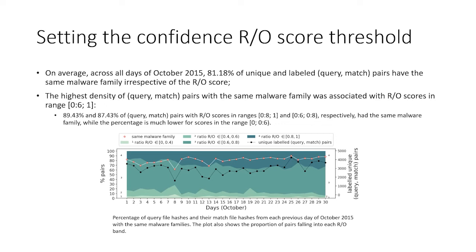So what we found was that over 87% of query match pairs with RO scores in the range 0.6 to 1 had the same mother family. Thus, for any given query match pair, a higher RO score increases the probability that the mother family of the query file is the same as that of its match.